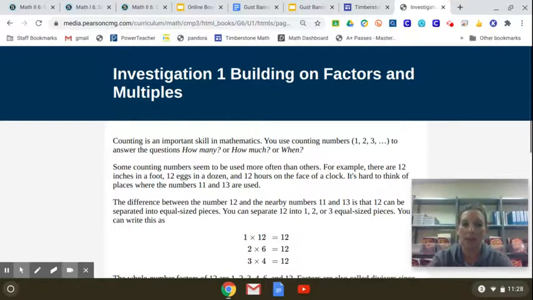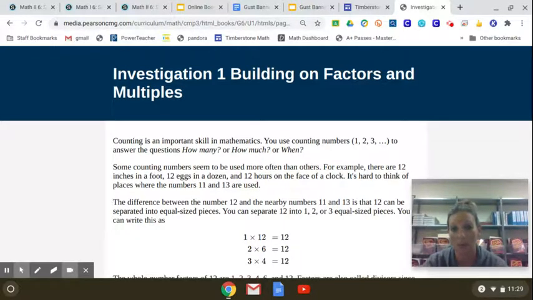So I want to point out to you when it says investigation 1 here, that that's kind of like our chapter 1 or unit 1. And then inside investigation 1, we have 4 different sections. So we usually call those problems. So we have investigation 1, problem 1, investigation 1, problem 2, and we usually just say 1.1, 1.2, 1.3, 1.4.